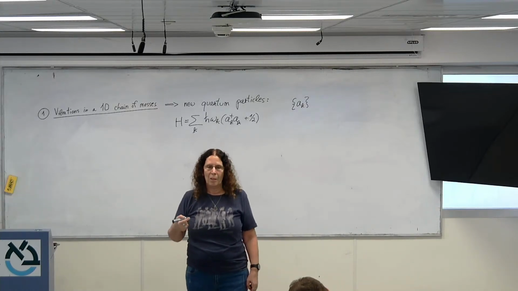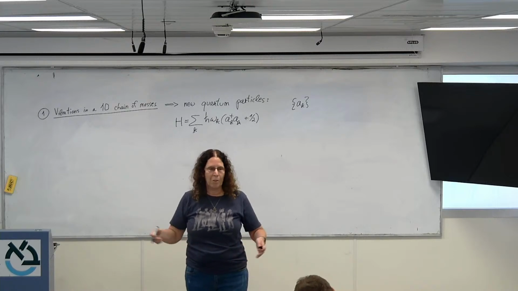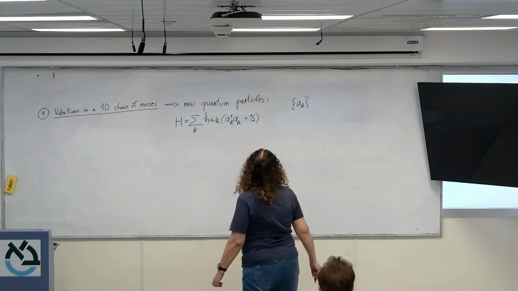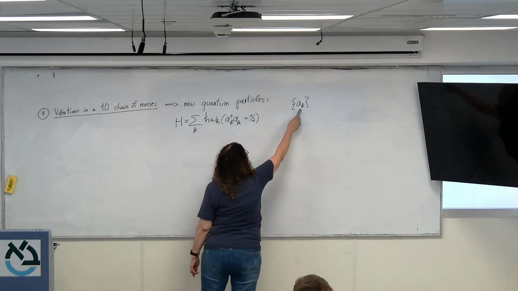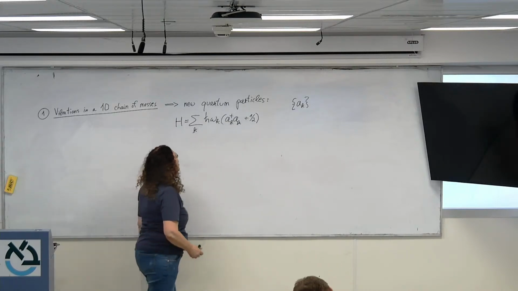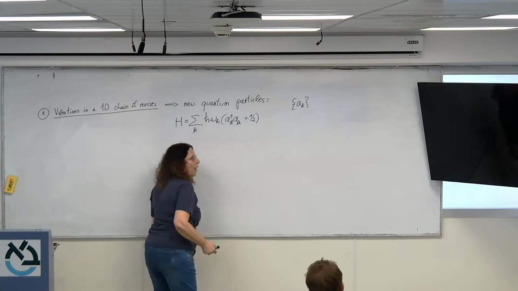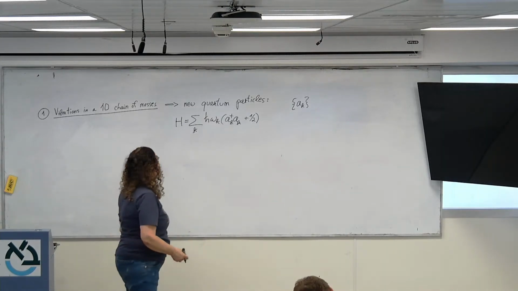Okay, so they actually correspond to modes of oscillations of this one-dimensional medium. And a is an annihilation operator, a dagger is a creation operator, and this combination, a dagger a, is a number operator.